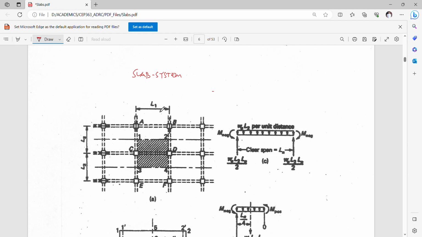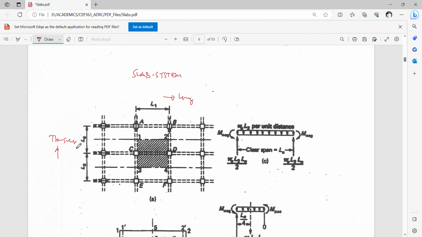Of course, if L1 has different dimensions, then we can put an L1A, L1B, L1C here to make some distinctions on the dimensions, and also L2A, L2B, and L2C there. For this particular example, we consider our longitudinal direction in this direction, and this is the transverse direction.